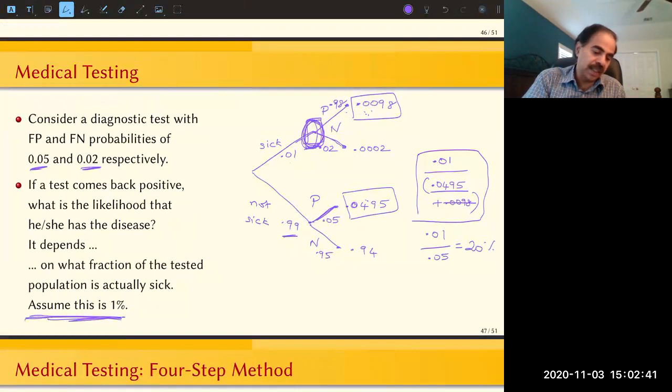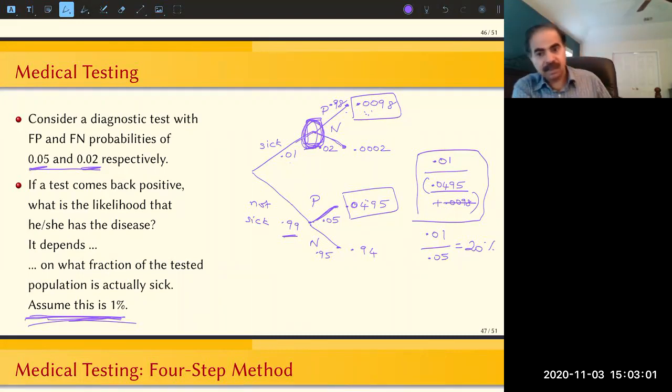And we also have a test that is pretty accurate, with 5% and 2% errors: 5% in terms of saying that somebody who doesn't have the condition is actually sick, and the 2%, if you look at it the other way, is somebody who actually has the disease, but the test says this person is okay, right?